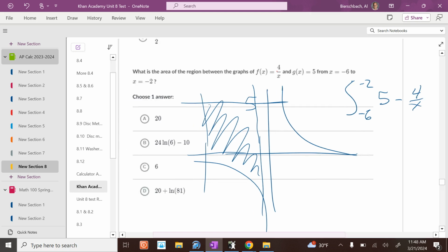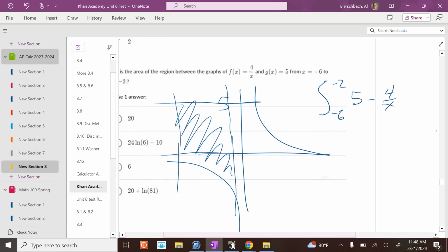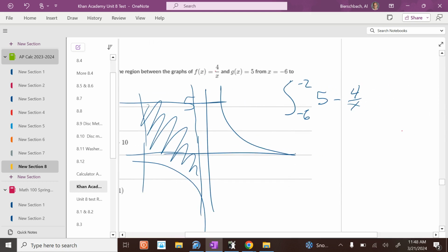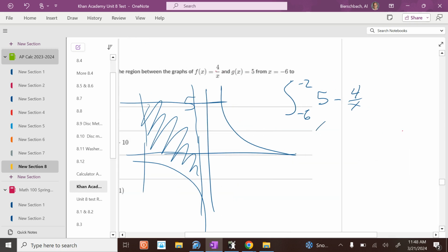Okay? And since they have ln's in the answer, I'm thinking that we have to do this by hand instead of on the calculator, because the calculator won't give it to us. Well, the calculator will give a decimal, and you just type both of these in, but let's just do it by hand. So it's the integral of that, which is 5x minus 4 ln of x from -6 to -2.